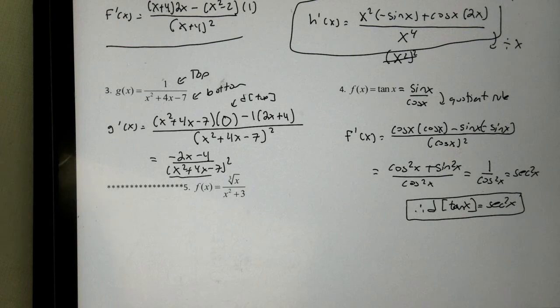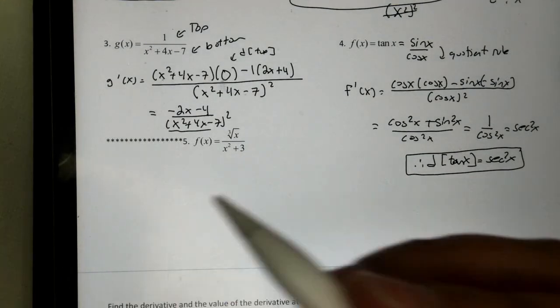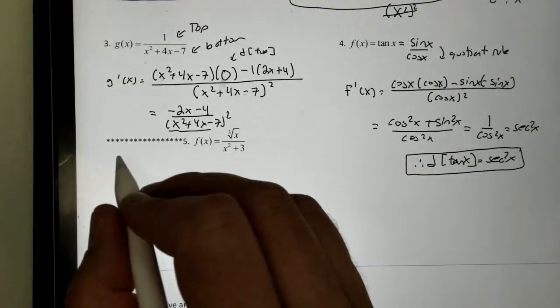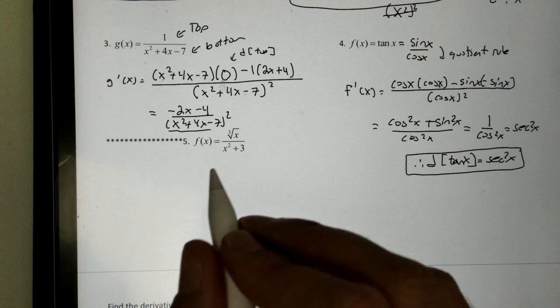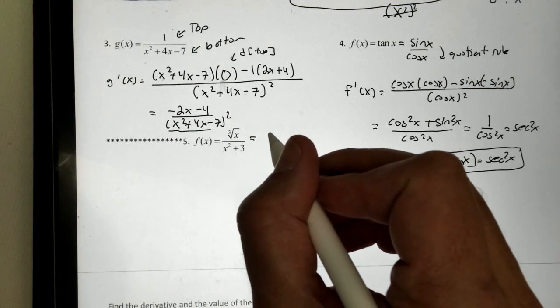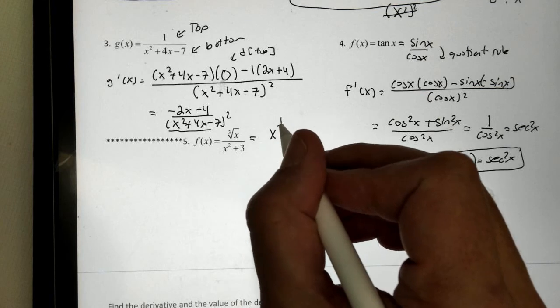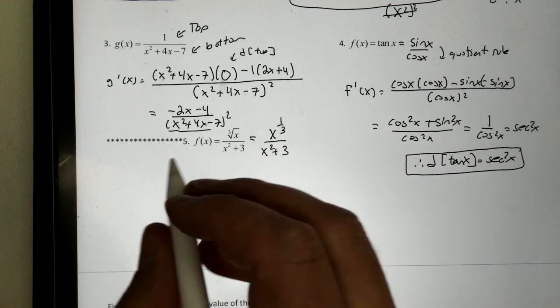So in the meantime here, let's take a look here. Number 5. Number 5, it is saying we want to find this derivative. Now notice there's a lot of splats by here because this one is kind of a big one for us. Again, on the top, I don't like that x, the cube root of x. I'm going to write that as x to the 1/3 over x squared plus 3.